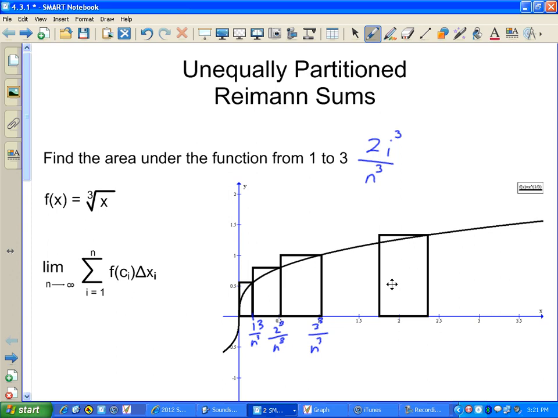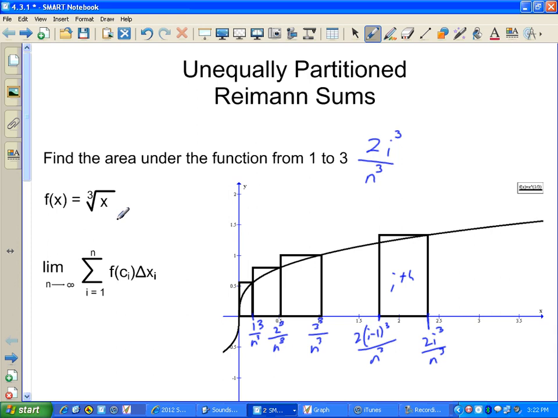All right, so when I get to the ith rectangle, this right endpoint is going to be 2 times i cubed over n cubed. This left point is going to be the height of the previous rectangle. So if this is the ith, this would be the i minus 1 rectangle. I want to cube that.